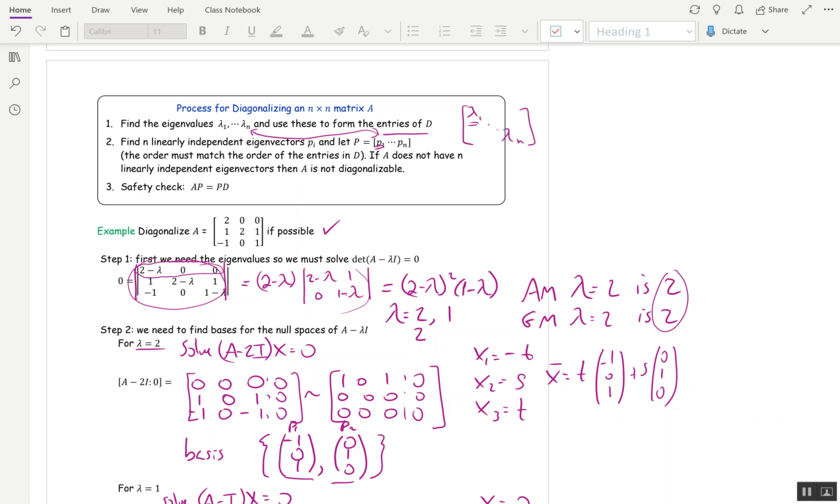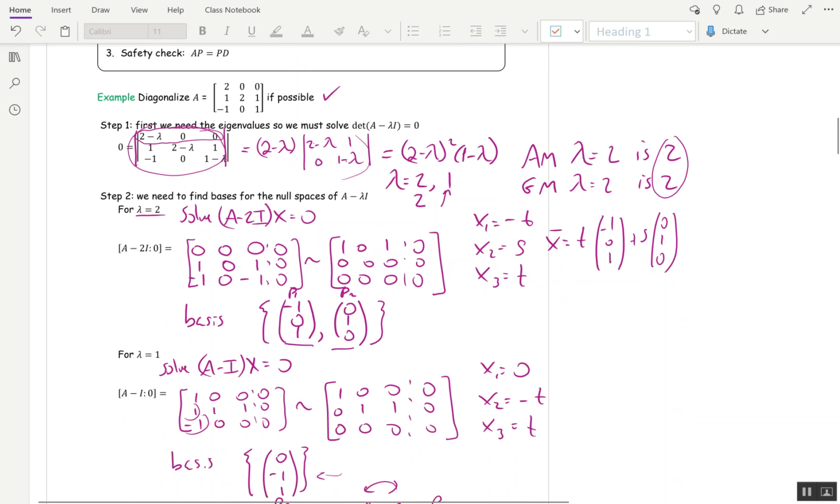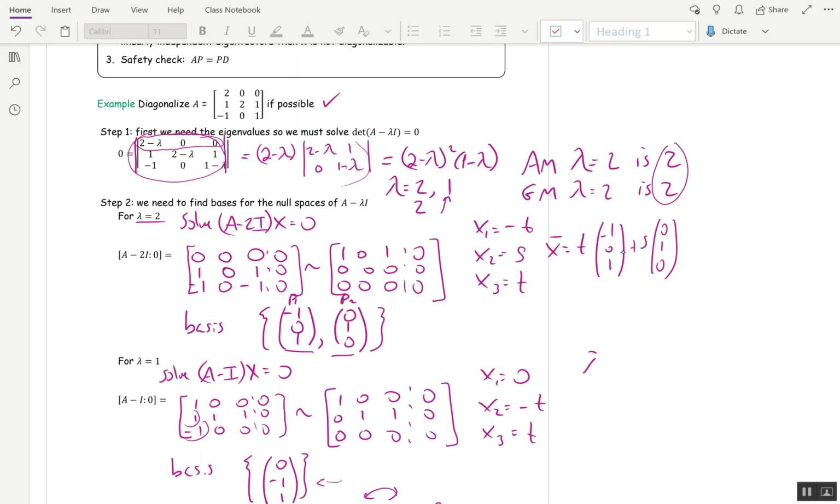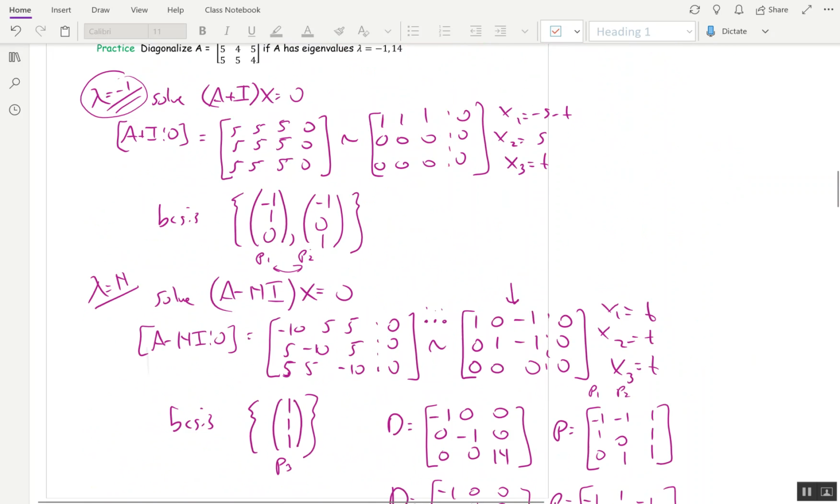And then for lambda equals 1, the algebraic multiplicity was 1. The geometric multiplicity is always going to be at least 1, because you're always going to get at least one eigenvector, and it turns out that the geometric multiplicity is 1 also. So in this case, for each eigenvalue, the geometric was equal to the algebraic multiplicity. All right, and that's what that theorem says.